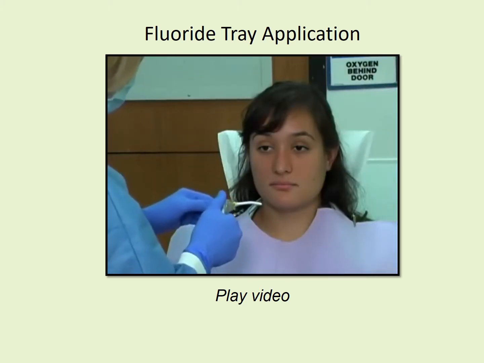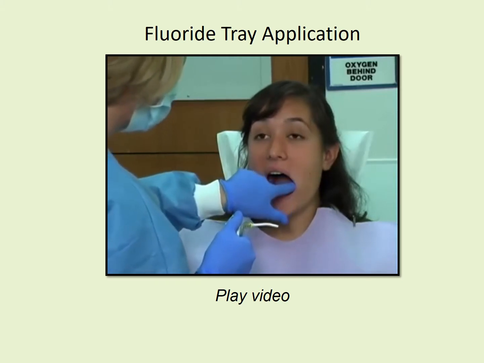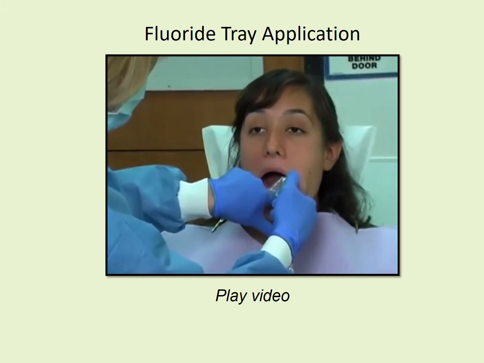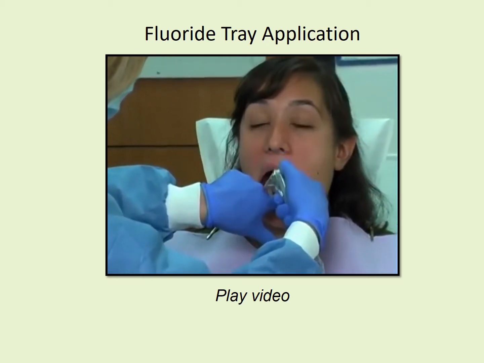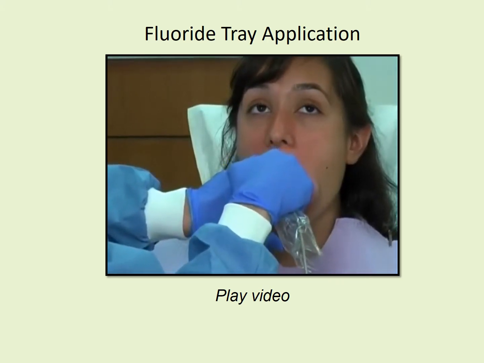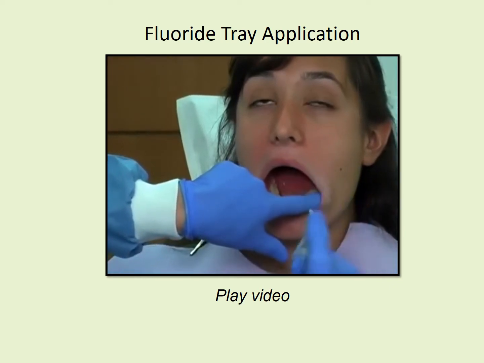Holding the air and water syringe with your dominant hand, retract the patient's cheeks with the index and middle fingers of the non-dominant hand. Dry the patient's teeth thoroughly and remind the patient to stay open to keep the teeth dry. Make sure to dry the facial, occlusal, and lingual surfaces.